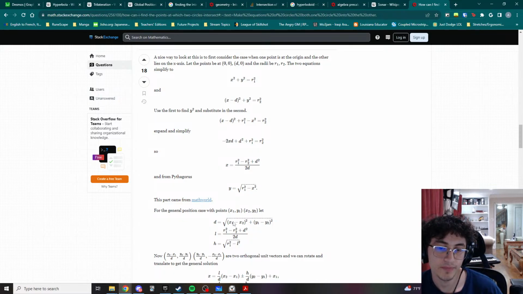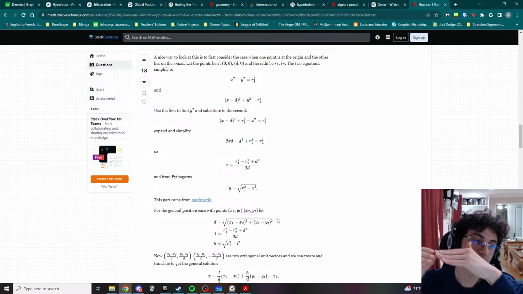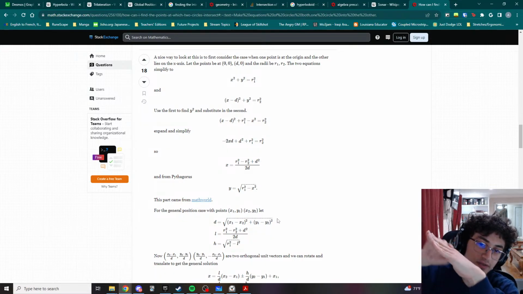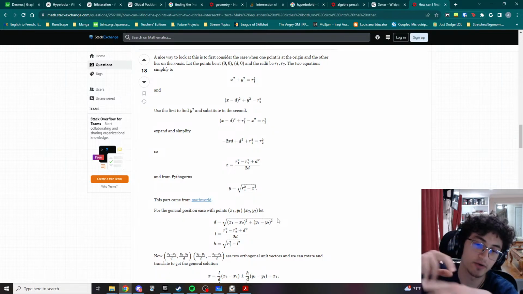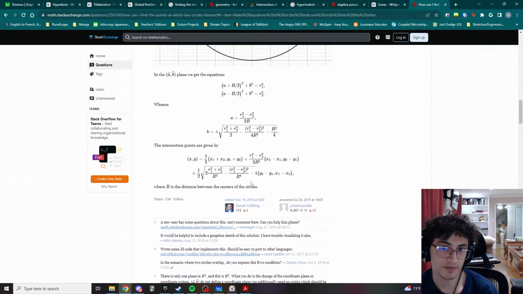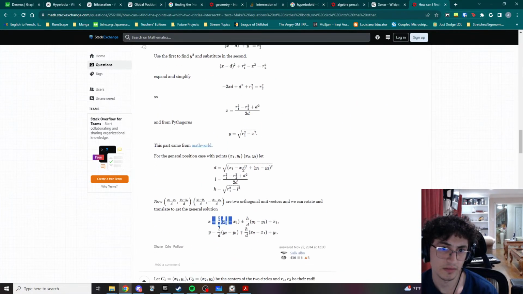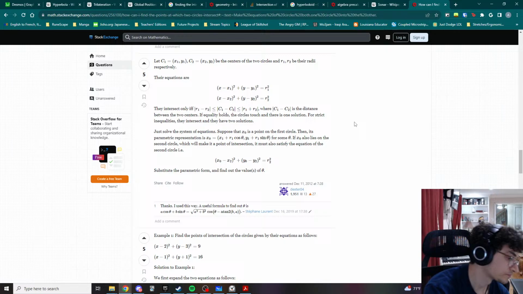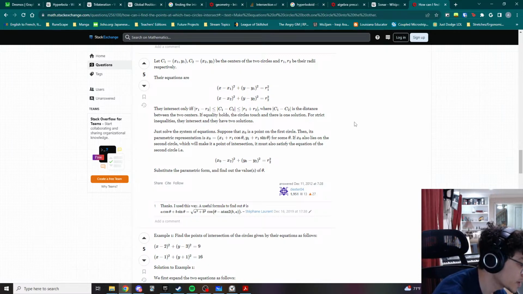So you get the same solution, but you're just changing your perspective to make it so that they're still in line, but you have to account for that when you go back to the regular XY plane. Our two orthogonal unit vectors, then we can rotate and translate to get the general solution. And so then this becomes similar to this, I think. All right. Okay, so there's multiple ways to do it. But it seems like it's still way easier than hyperbolas.